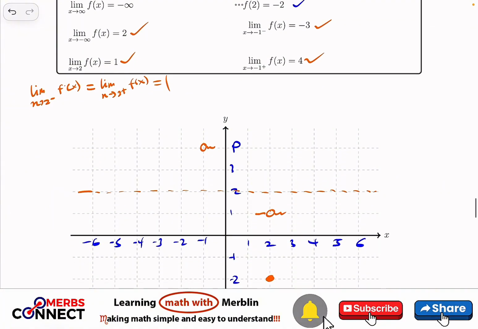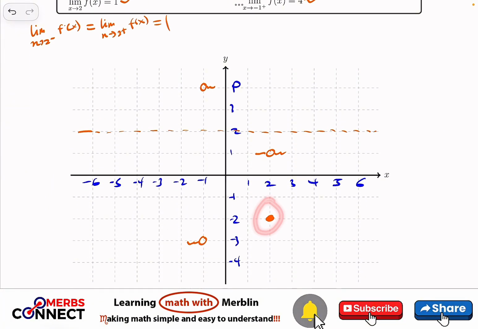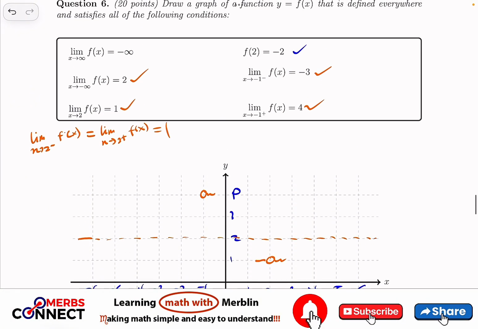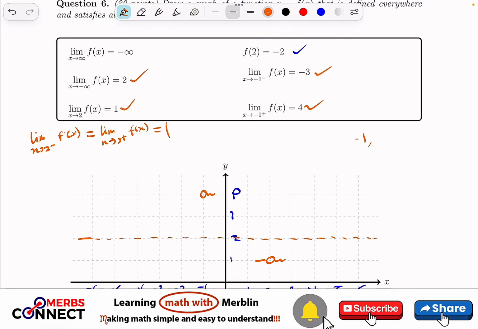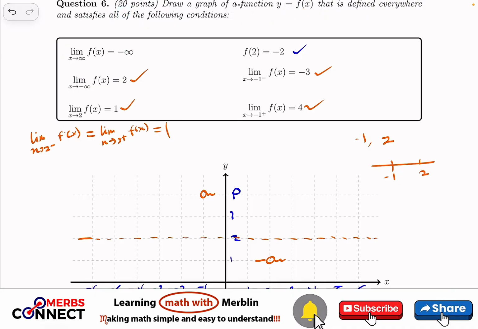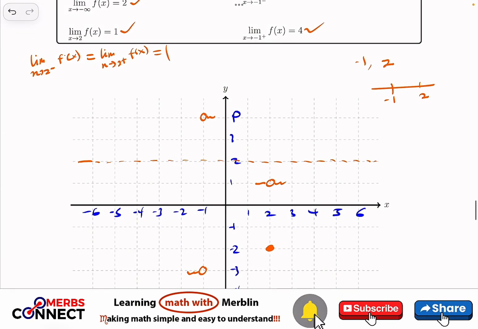So x equal to 2 will be the upper value, right? If on the number line I have minus 1 and 2, then x approaching infinity will be after 2. And after 2 is this one right here.